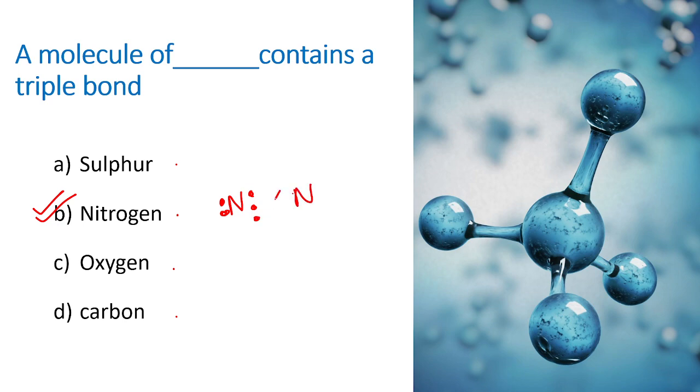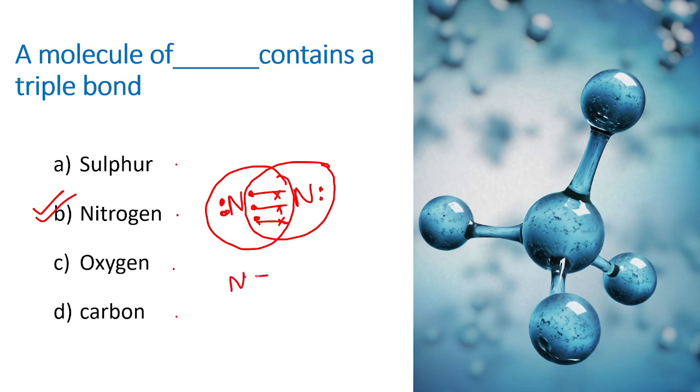This nitrogen will also have 5. 1, 2, 3, 4 and 5. So when you see this, now the octet is complete when these pairs are shared. You see there are 3 pairs of electrons that are shared. So this nitrogen will form 3 bonds, and there will be a lone pair of electrons left with each of the nitrogen atoms.